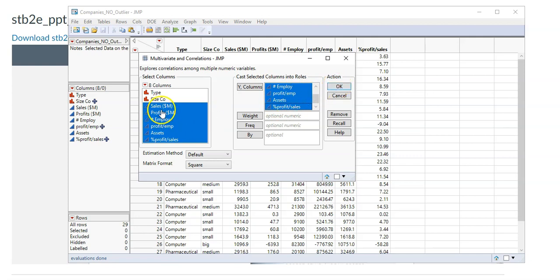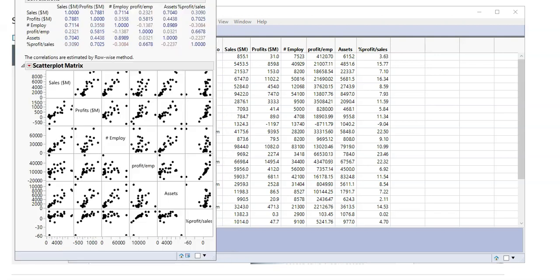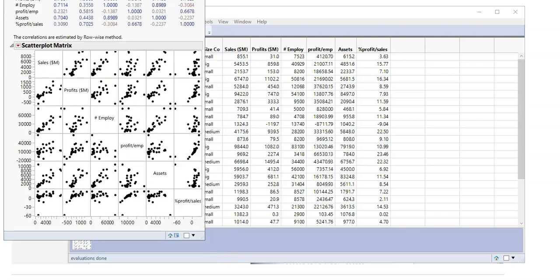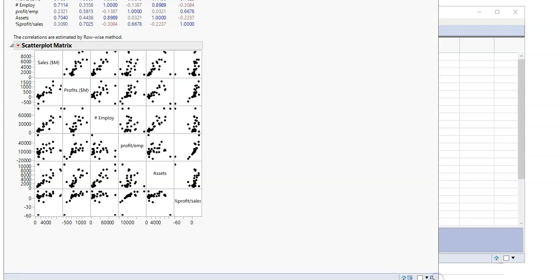Select those that are numerical, with blue triangles on the left, and drag them into Y columns. There is no X or Y, it's just Y columns. Click OK, and what you see is a scatterplot matrix.